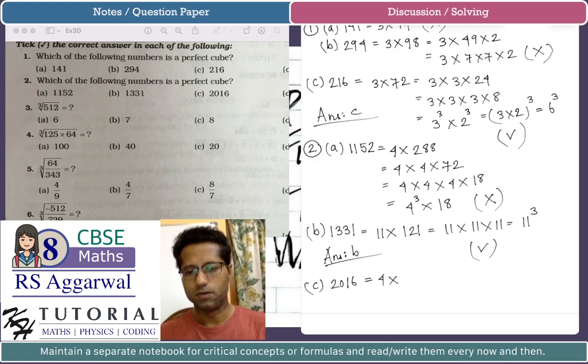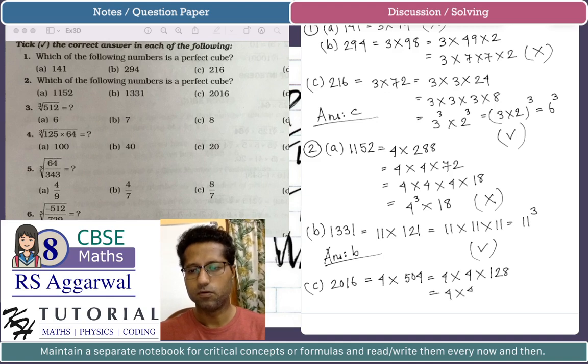So this will be 4 multiplied by 504. This is equal to 4 multiplied by 4 multiplied by 126, and then again by 4 multiplied by 4 multiplied by 4 multiplied by 32.